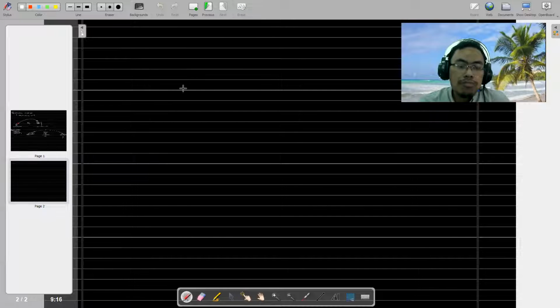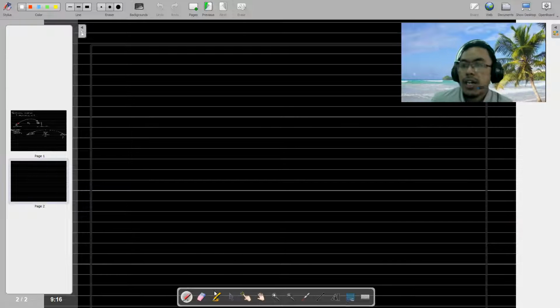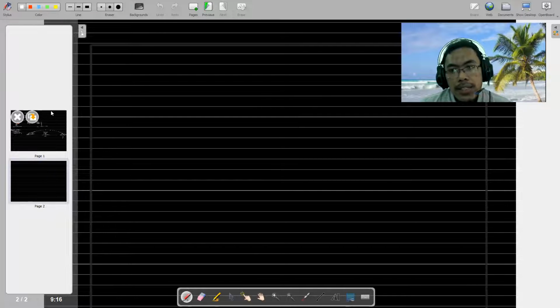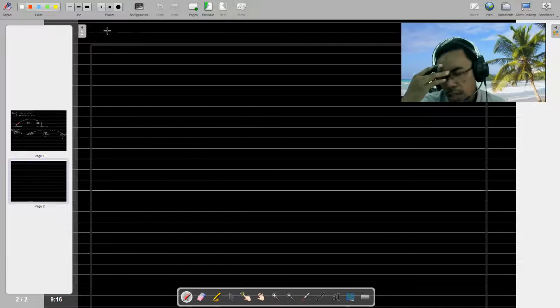But before we go there, I just want to remind you that in this session we are going to deal with a lot of velocity. Mostly we are going with velocity.